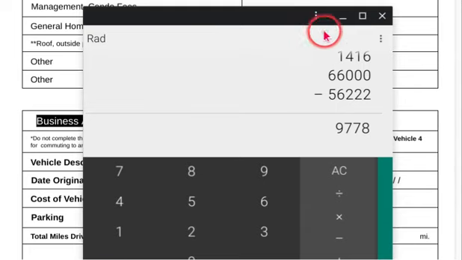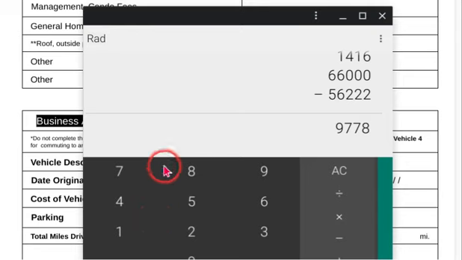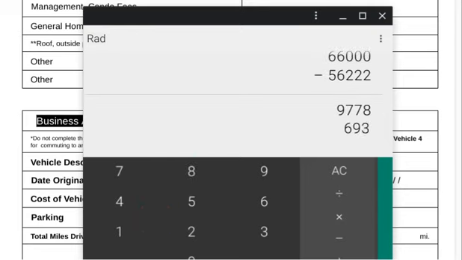So you would take the 9,778, and you would put that there. And then you would go to your next vehicle and do the same thing. The ending mileage was 69,352.